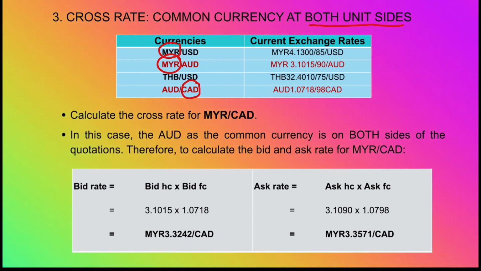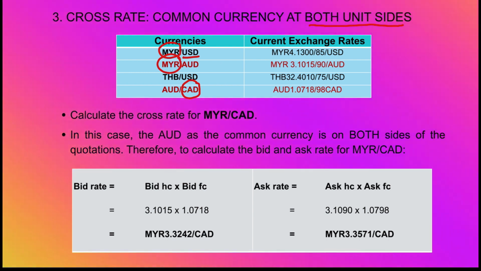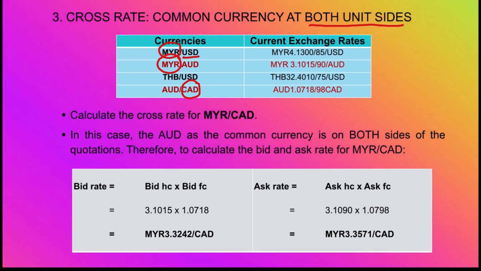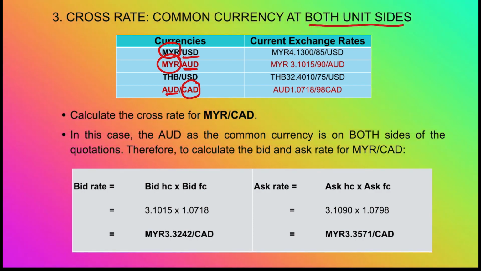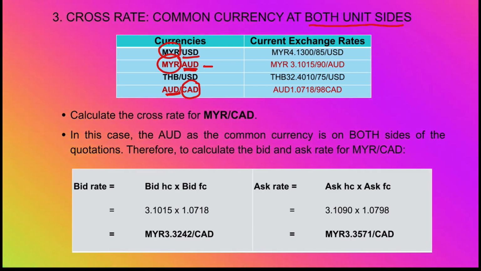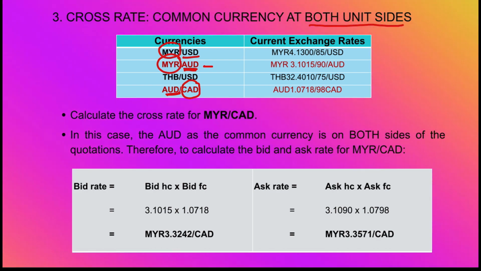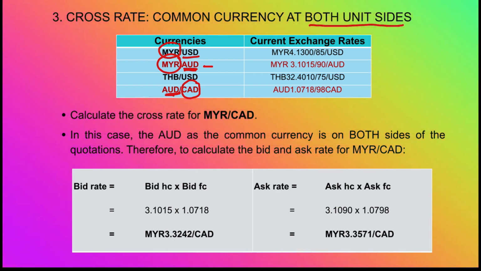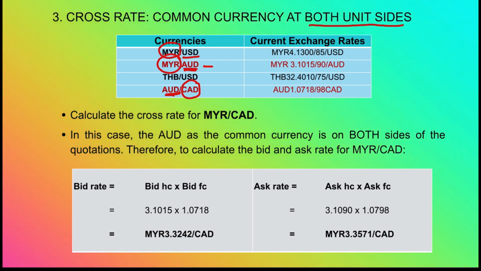We cannot use the rate per US dollar, so we have to use the common currency, which is AUD. AUD is located at both unit sides. The first one is the foreign currency, and the other is the home currency. To get the Malaysia ringgit per Canadian dollar, we always use direct quotation.